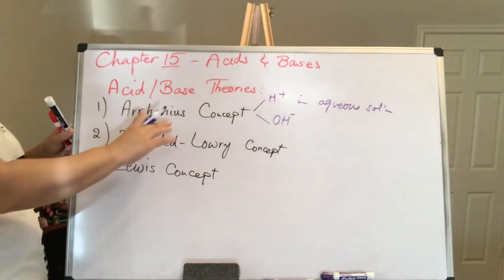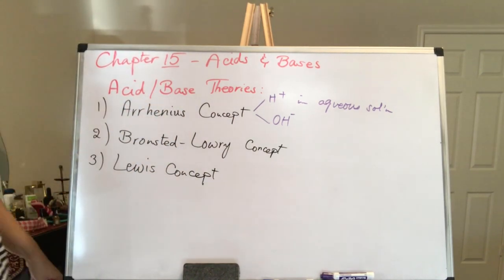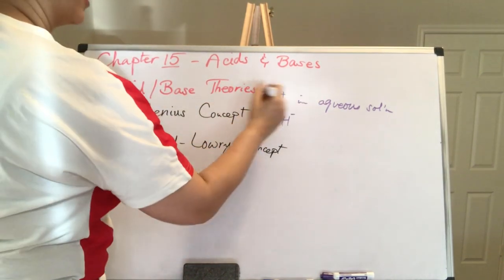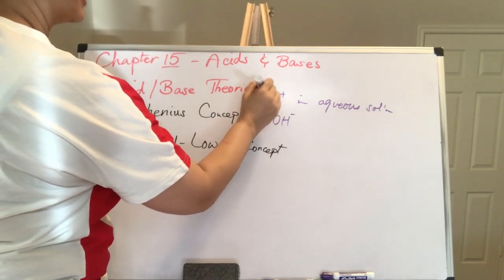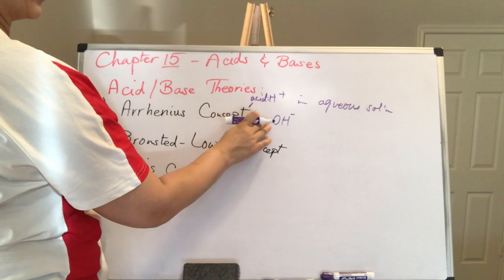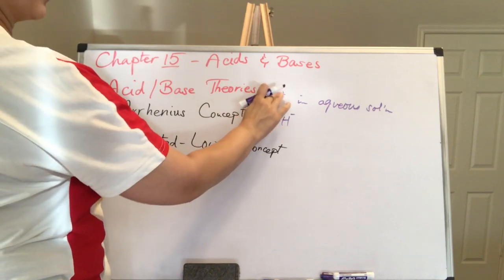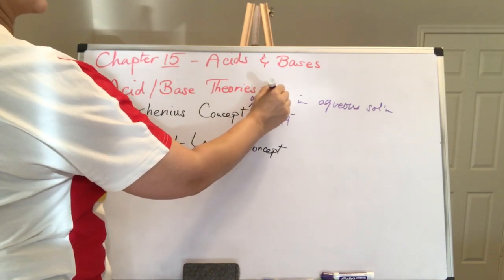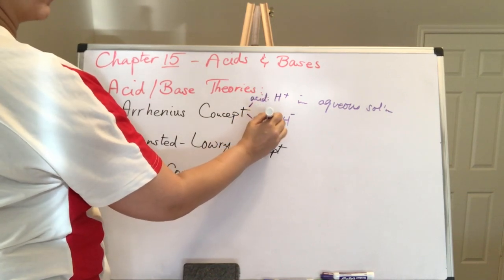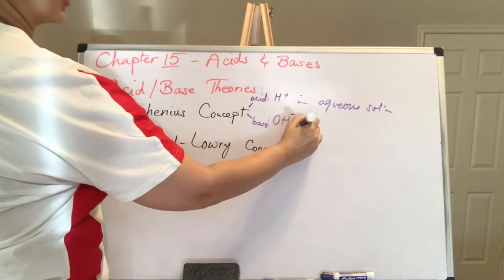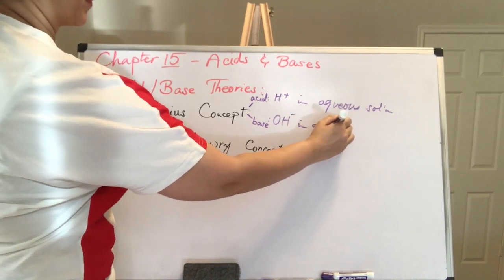So, based on Arrhenius theory, an acid is a substance that releases hydrogen ion inside aqueous solution. And a base is a compound that releases OH in an aqueous solution.